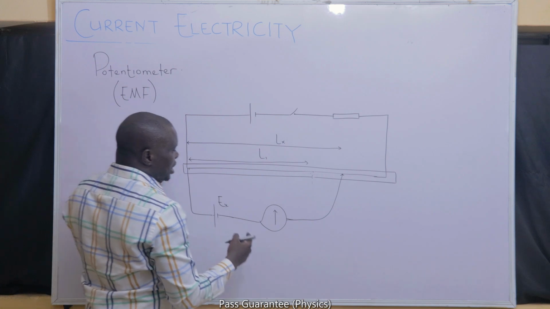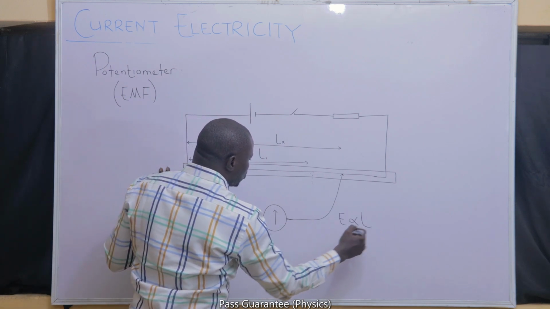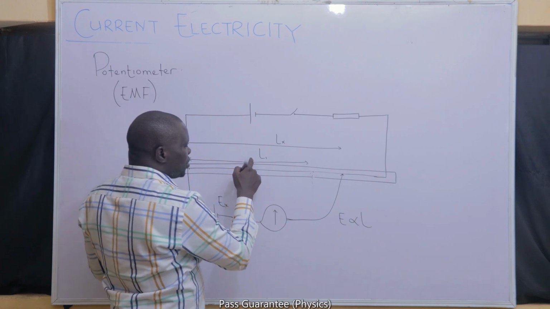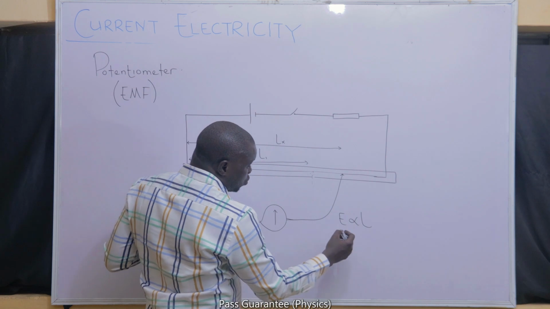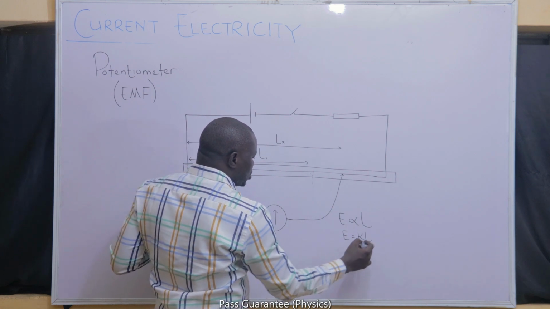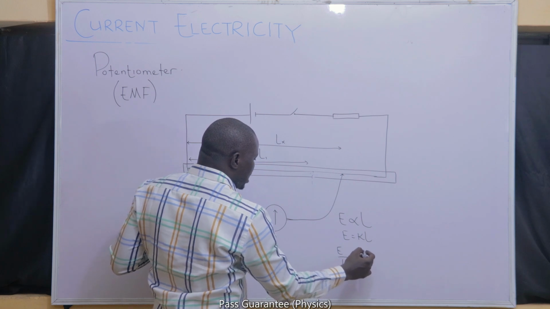What I am saying in essence is that there is a direct relationship between the EMF of the cell and the length that will balance that EMF. In that way, I can say that E is equal to KL. So E all over L must be a constant.